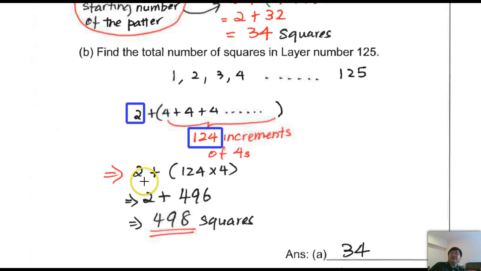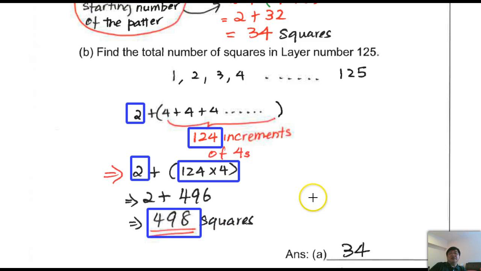So it is actually 2 plus these 1 to 4 increments of 4. So when you multiply the two together, you should get this one. You should get 496. Then you add 2. Total number of squares is 498. Total number of squares is 498. Take a look again and think about it.